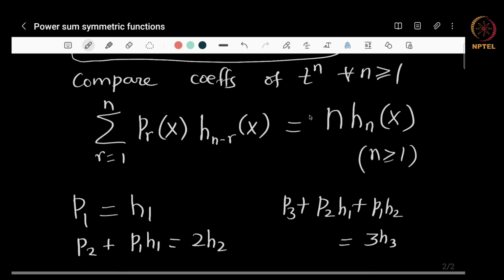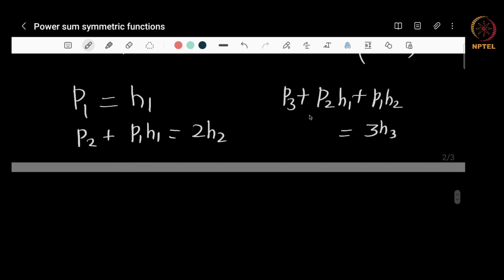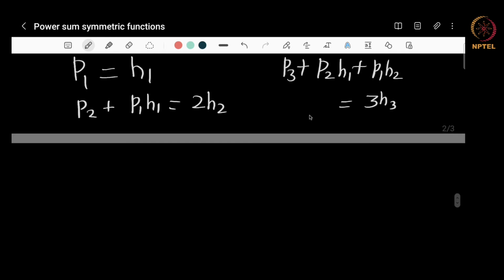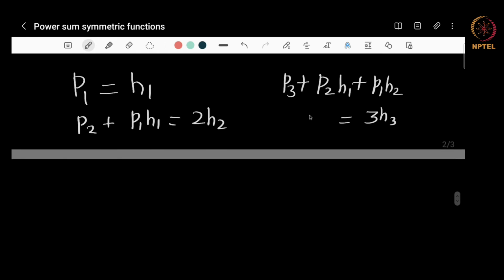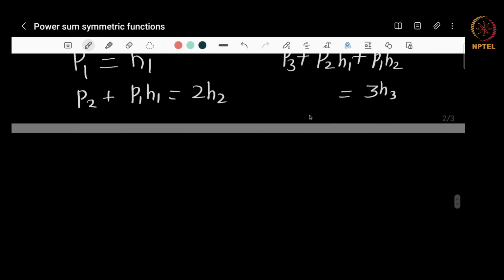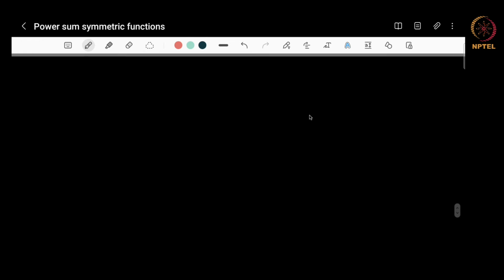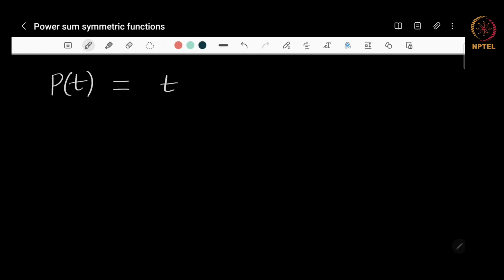Okay, but before we do this, let's also get the e's in play. I will come back to these equations, but before we do any further computation, let's figure out what the corresponding situation for e becomes. So I can also get an equation which relates p's with e's. Recall that p t is t d/dt of log of h t.